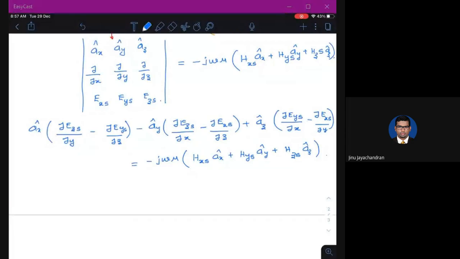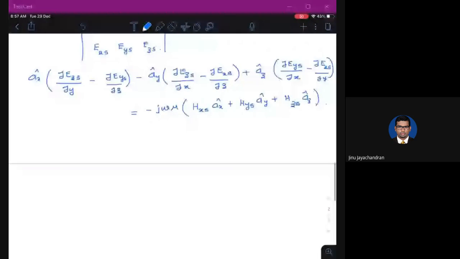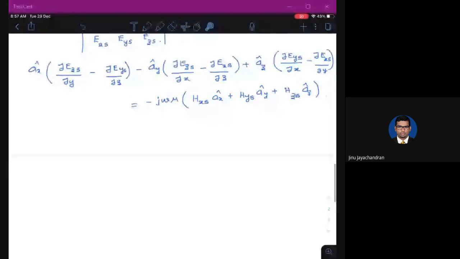Now, we have some terms in the left hand side which we are differentiating with respect to z. This one and this one. We know that in general, when the wave is propagating in z direction, you have EY as EY0 e raised to j omega t minus gamma z.